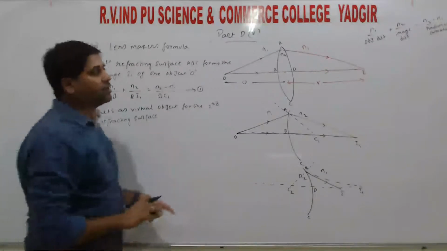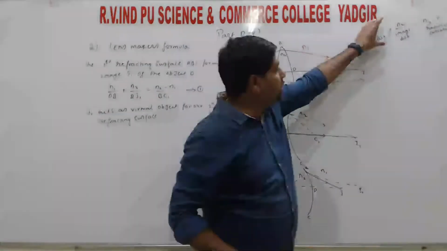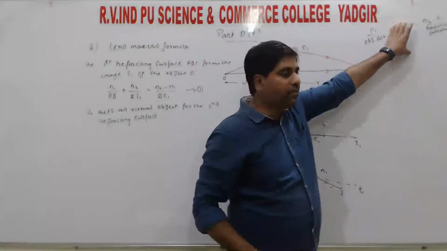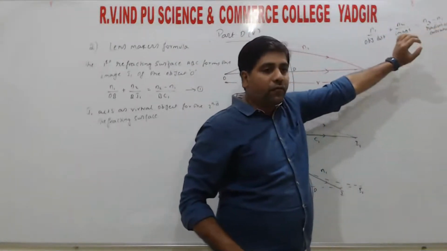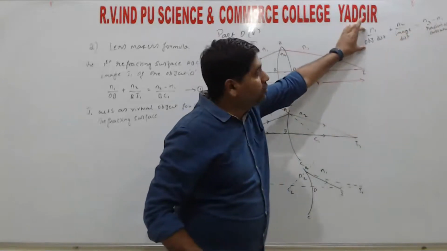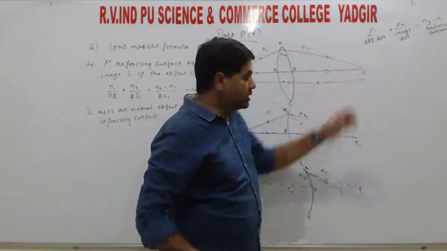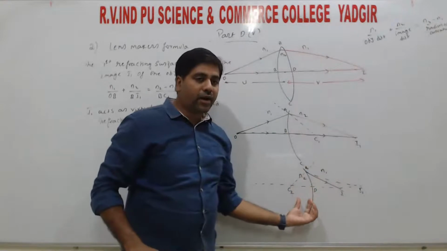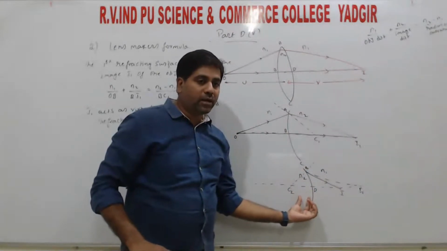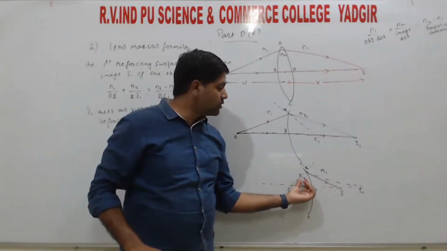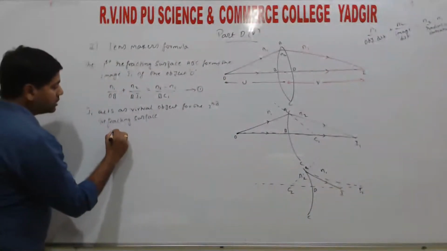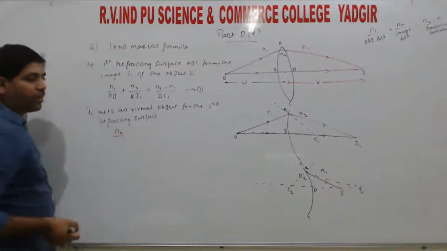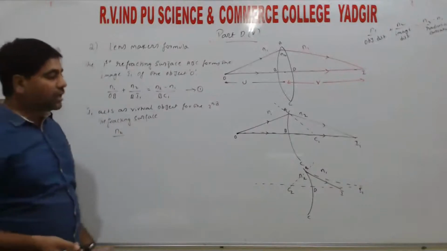So again using the same relation, n1 divided by object distance plus n2 divided by image distance equals n2 minus n1 divided by radius of curvature, right? Here the object is in the second medium, that is why we take n2 divided by the object distance, with a minus sign. Why?